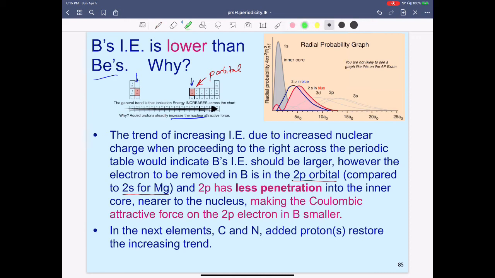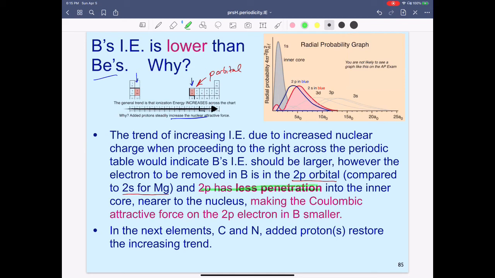And so what happens is the 2p orbital has less penetration inside the inner core, less near to the nucleus. We don't really want to say that the 2p orbital is much further away, but it doesn't penetrate. The 2p electron does not penetrate inside the inner core, whereas s electrons do, or 2s electrons. 3s electrons penetrate into the second and first inner core area.